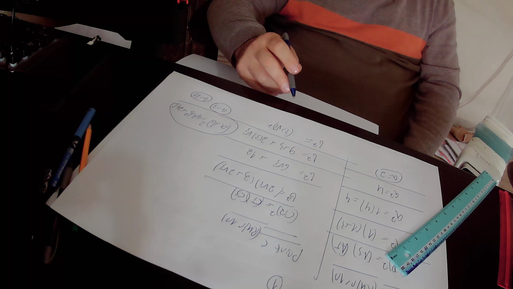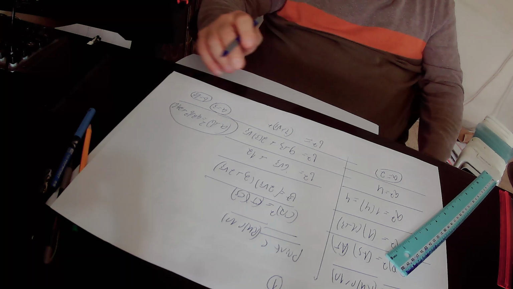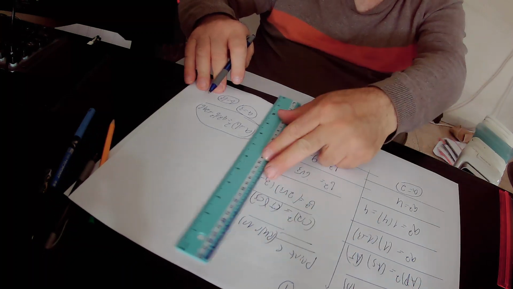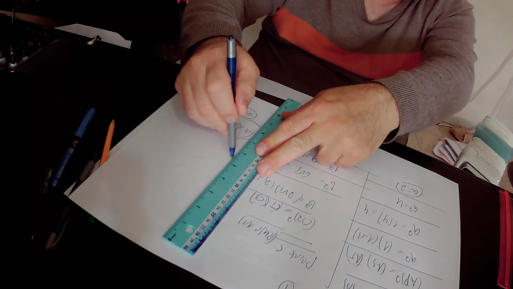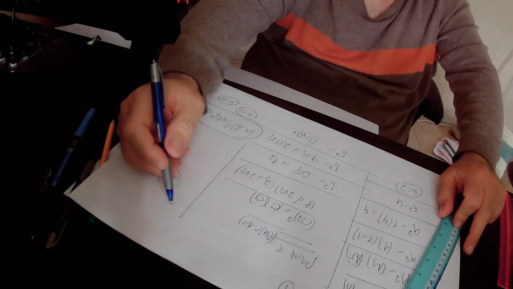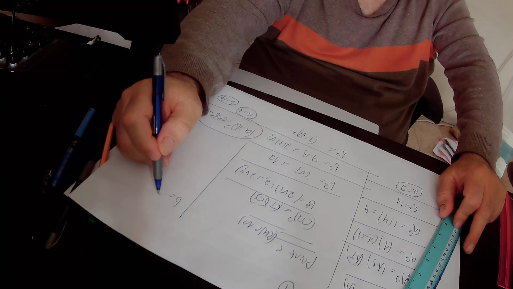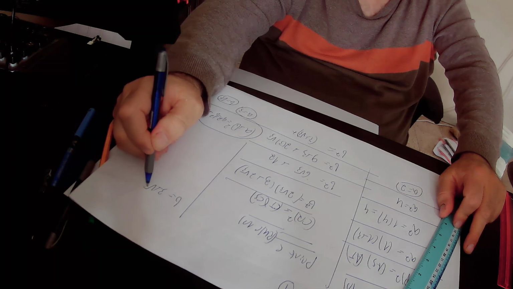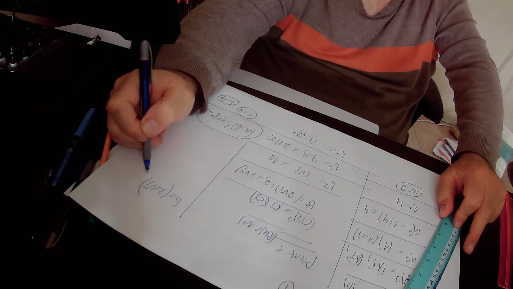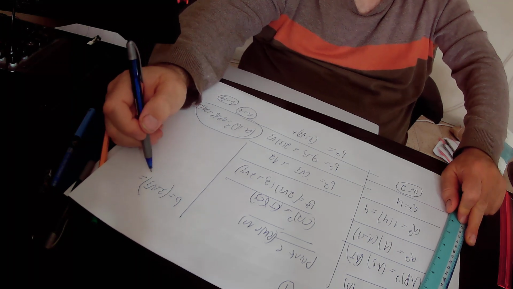So here we take a root out of this equation, and finally we get that B equals 3 plus square root of 3.